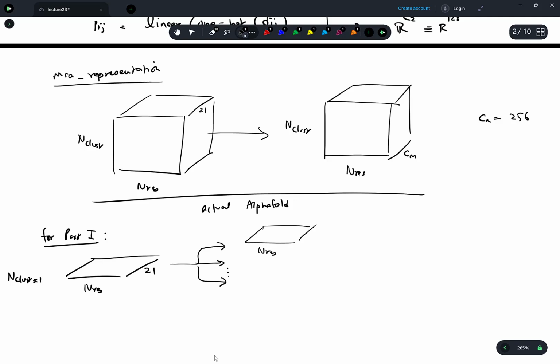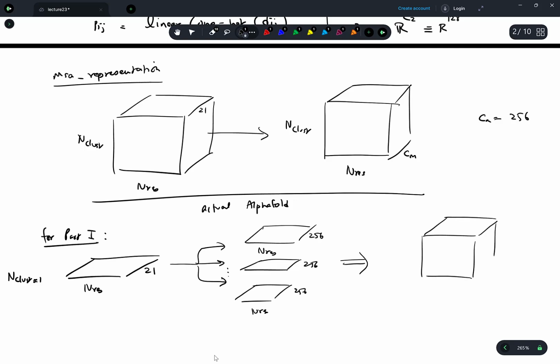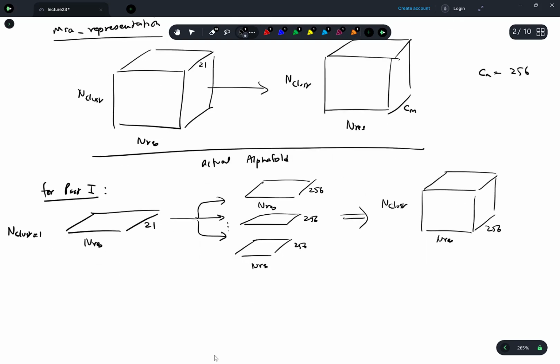For the second one, I can do the same thing with another linear projection and create another 256, and I can do as many as I need to. There's no problem. Then I can combine these all together, just stack them, and I will actually get a 3D tensor. This is what I want you to do. In the absence of MSAs, this will be my n clust by n res by 256. So this is basically n clust linear layers.